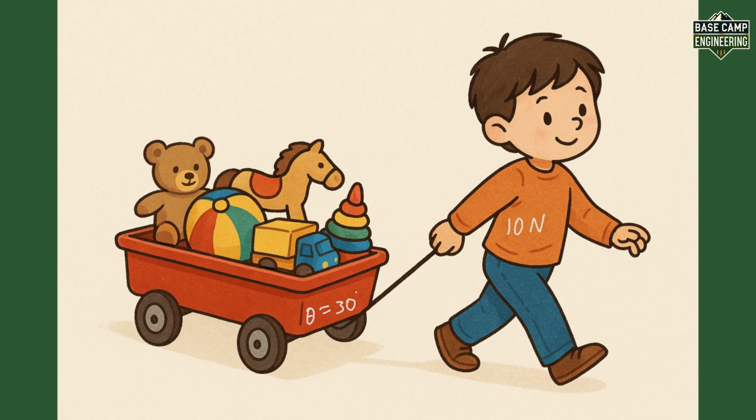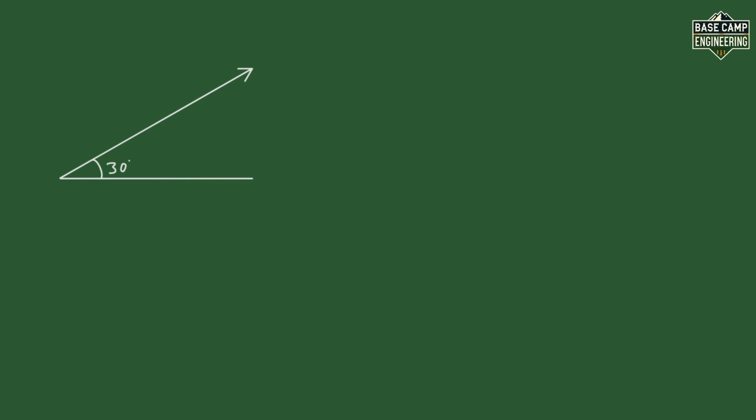If you pull the wagon at a 30-degree angle with 10 newtons, the force moving the wagon forward is the horizontal part, and we find it using cosine. The formula is horizontal force equals total force multiplied by cosine of the angle. The force pulling upward is the vertical part, and we use sine. Vertical force equals total force multiplied by sine of the angle.